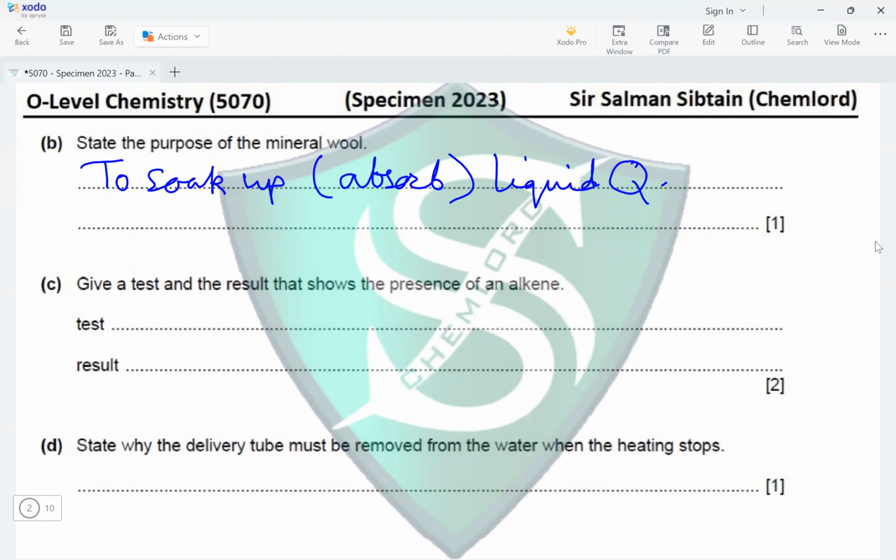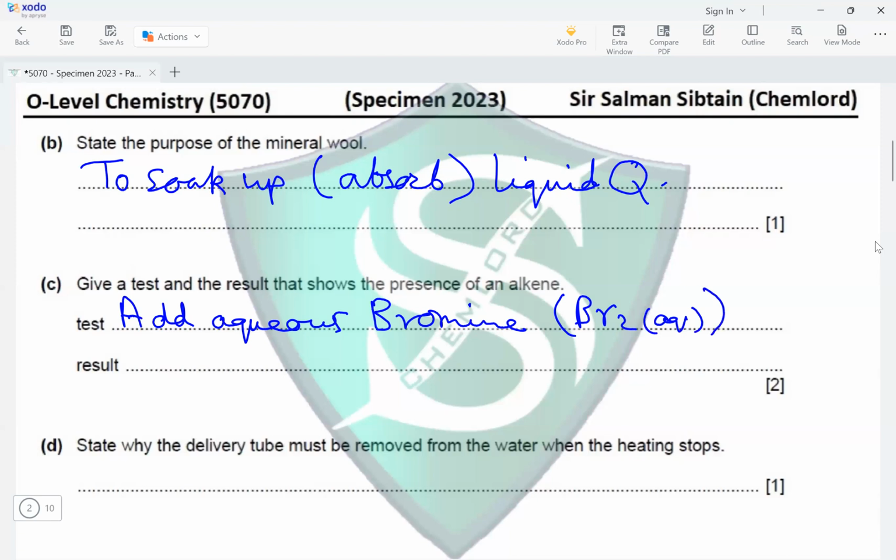Part C, give a test and the result that shows the presence of an alkene. Now, the test for an alkene is the addition of aqueous bromine. So, test we would write add aqueous bromine, which is Br2 aqueous.